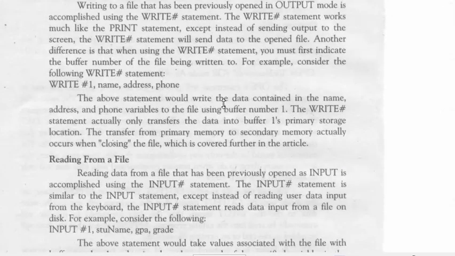The above statement would write the data contained in the name, address and phone variables to the file using buffer number 1. The write # statement actually only transfers the data into buffer one's primary storage location. The transfer from primary memory to secondary memory actually occurs when closing the file, which is covered further in the article.